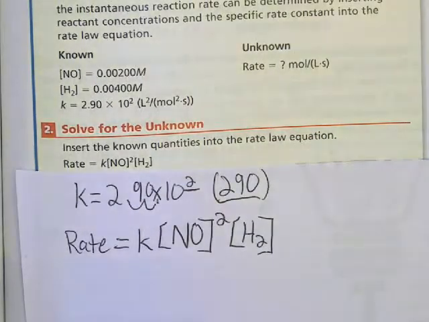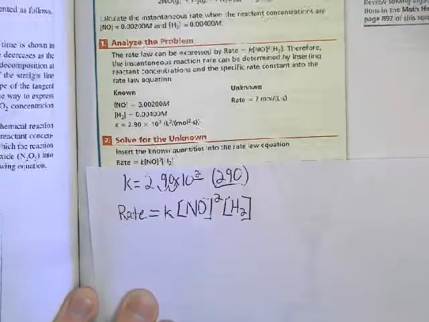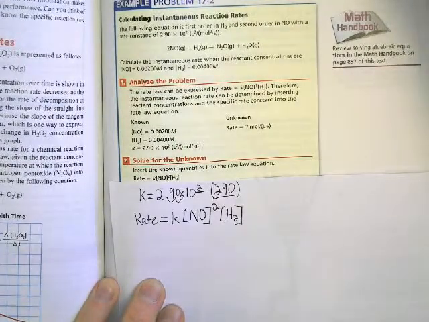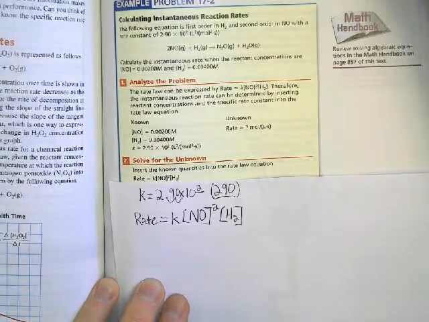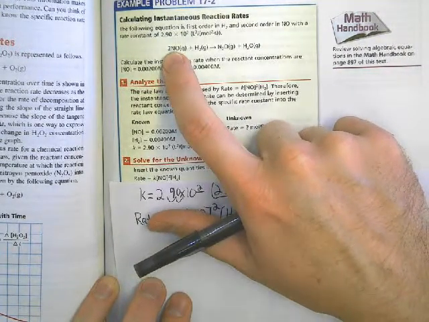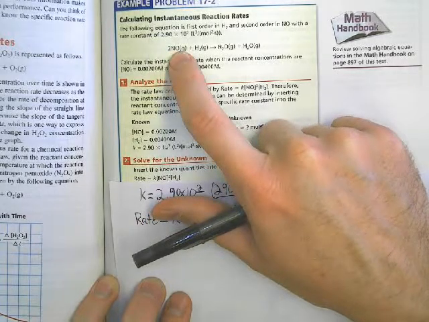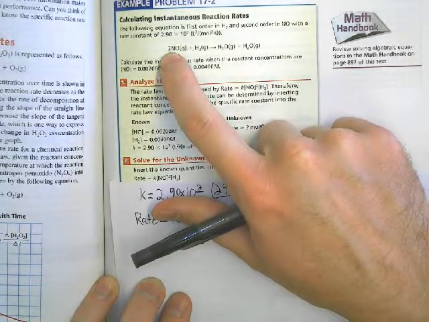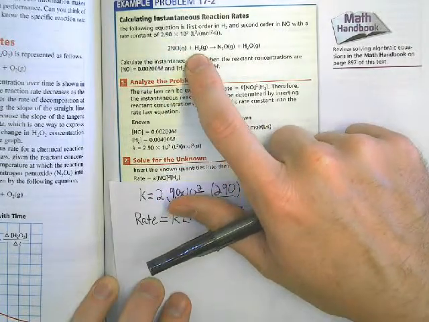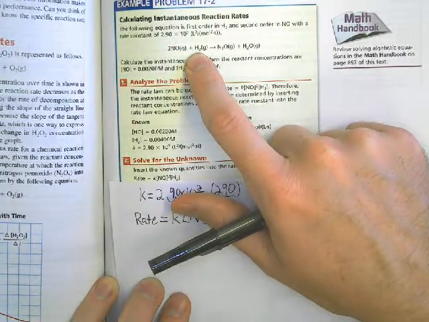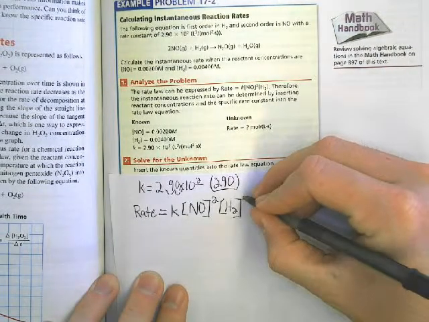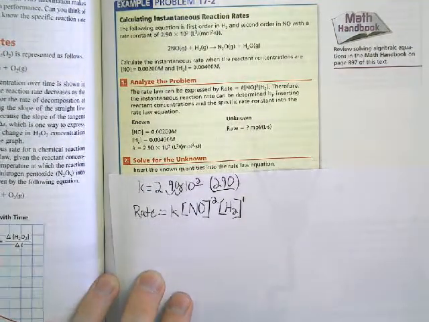Now, why do you think that we squared the concentration of NO? We had 2 moles, right? So you remember up here, we've got 2 moles of NO, so we have twice as much concentration of these. And how many moles of H2 do we have? 1, right? So you could think of this as being H2 to the 1 power.